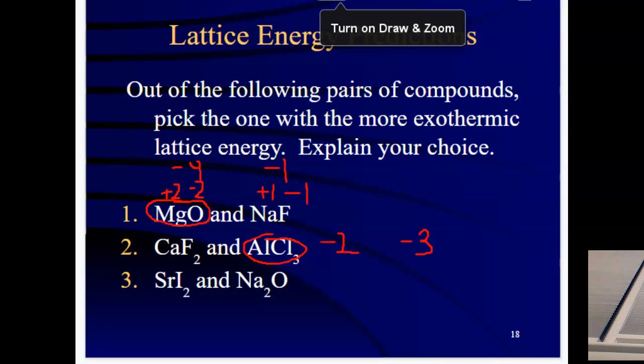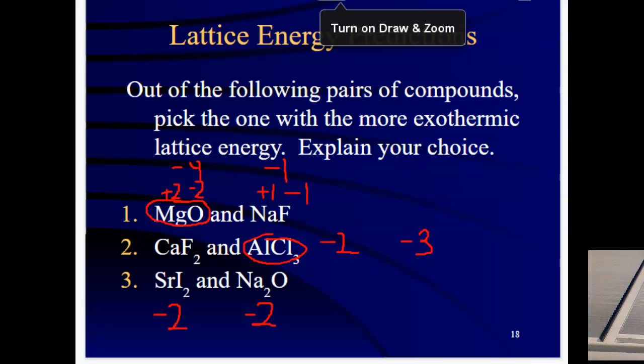Oh, I was a little sneaky with this one. Strontium is a +2 and iodine is a -1 for a -2, but sodium oxide is also a -2, so same charge. So now we need to take a look at that radius.